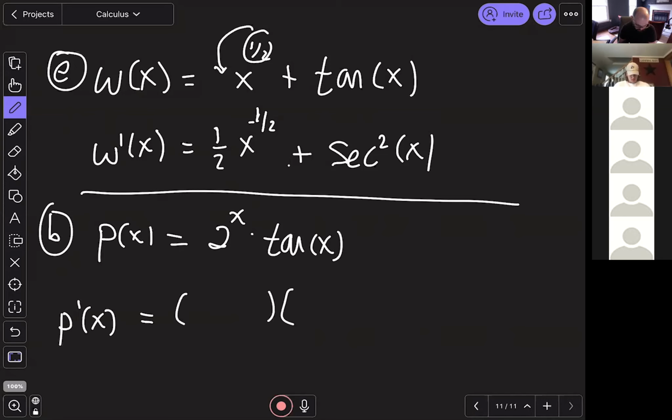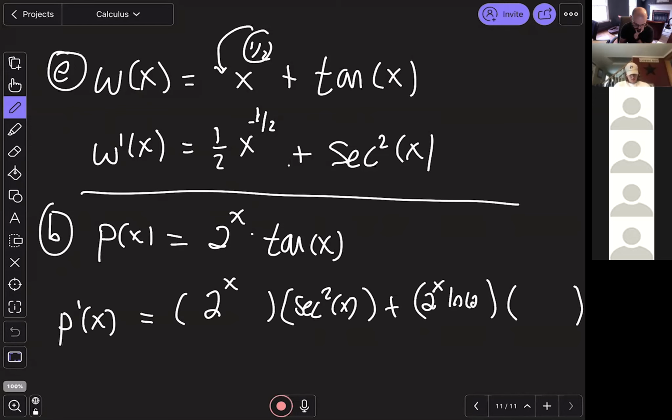I would set up my framework here like this. I would look at my first function, leave that alone, times the derivative of the second. The derivative of tangent is secant squared. So this is f g prime. Then I need to take the derivative of my first one. This would be 2 to the x natural log of 2. And then I would leave tangent alone.